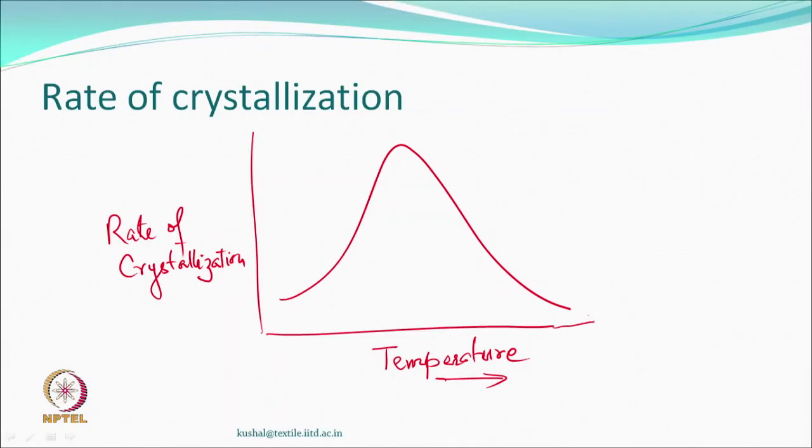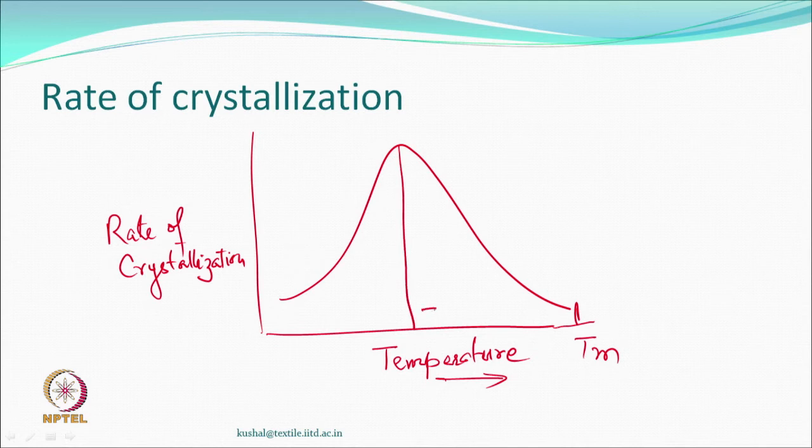So, these synthetic fibers do crystallize and the rate of crystallization will increase, but after a certain temperature it will start decreasing, because the kinetic energy will be so much that whatever little opportunity they get to come together, they also have equal opportunity to stay away, because you are giving a lot of energy. At some stage we may have a situation where the rate is almost 0, right, which may be the temperature for melting.